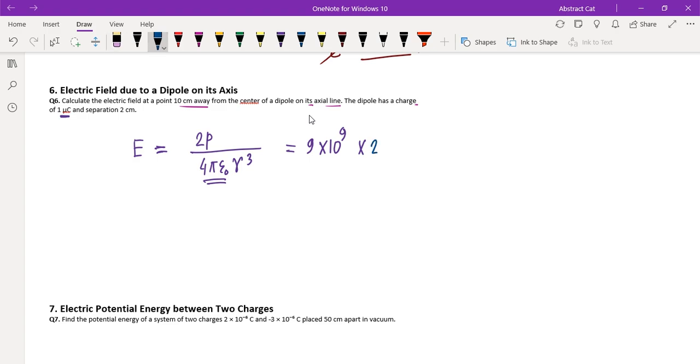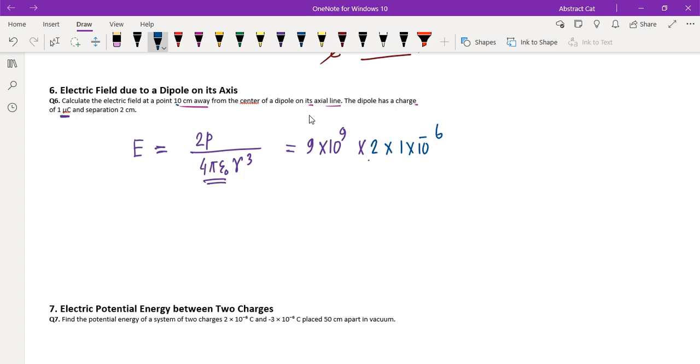So 1 microcoulomb means 1 into 10 to the power minus 6.